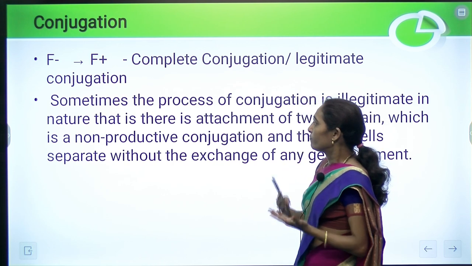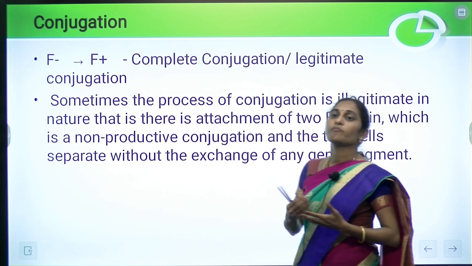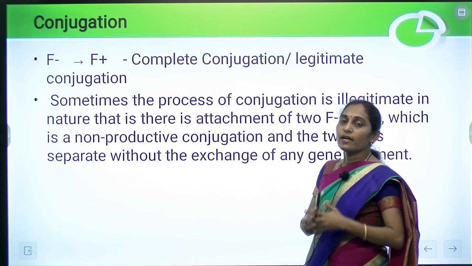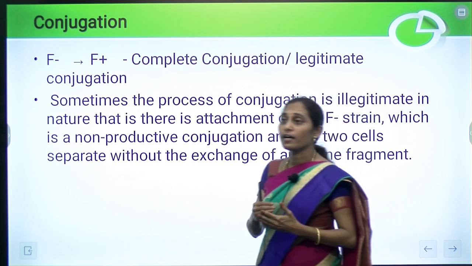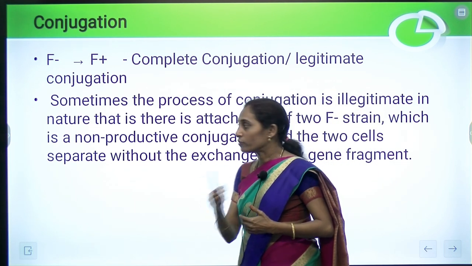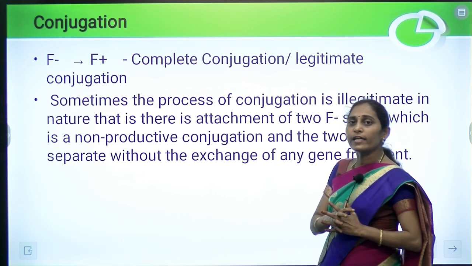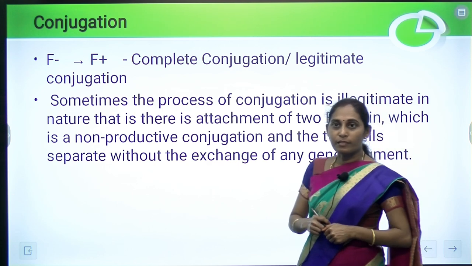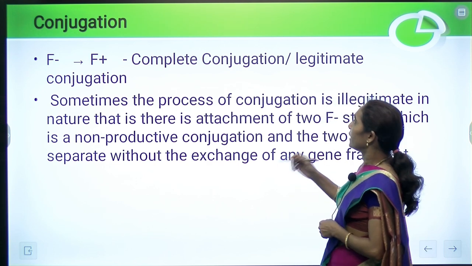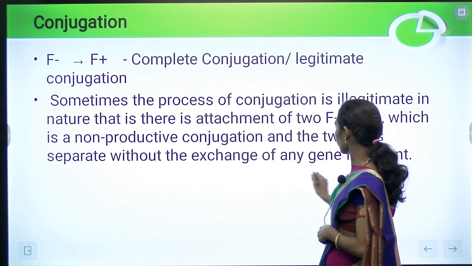That means if both the strains in conjugation are F minus, in that case the process is not complete and it results in a non-productive conjugation, and the two cells separate without exchange of any genetic material. That is called illegitimate or incomplete conjugation.